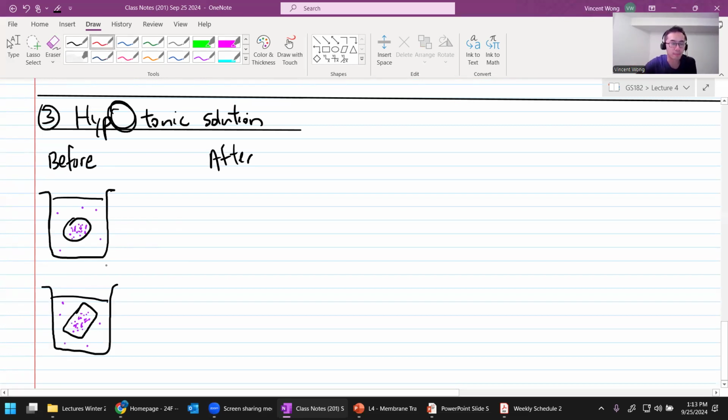confusing, I would think. So in this case, you would have more water coming in. Remember, water is attracted to the more concentrated area, which is the inside of the cell. So more water comes in than leaving. So the solution concentration is less than the concentration of the cell, of the cytoplasm.